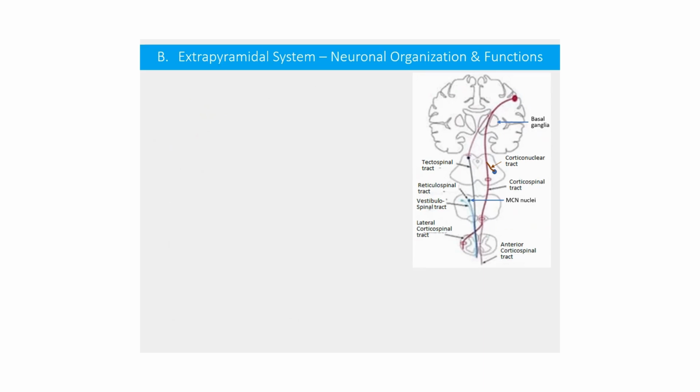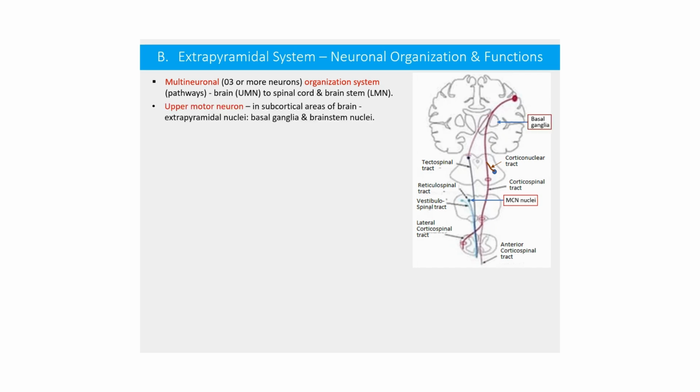Now we come on to the neuronal organization and functions of the extrapyramidal system. The extrapyramidal system is a multi-neuronal, that is, three or more than three neuron organization system of pathways, which extends from brain having upper motor neuron to spinal cord and brainstem having lower motor neurons.